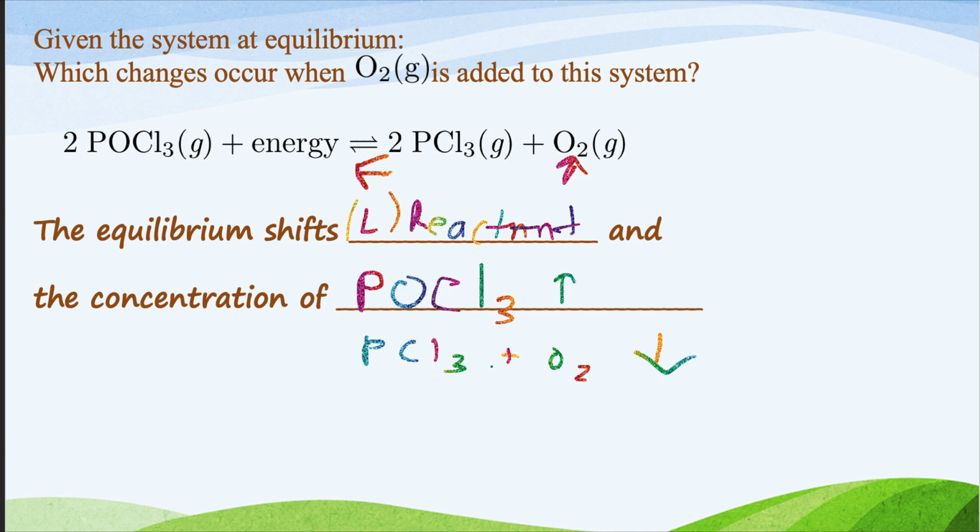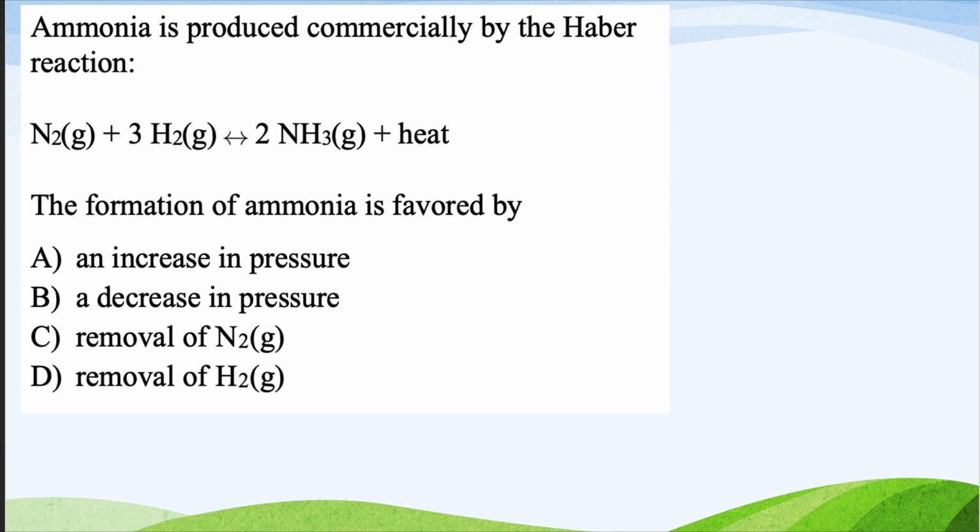Because everything is shifting towards the left, or towards the reactants. That means my products are being used up to make more reactants so they can make that balance, okay? So that's why this is decreasing. And because our equilibrium is shifting towards reactants, everything on the reactant side is increasing, which also includes temperature.